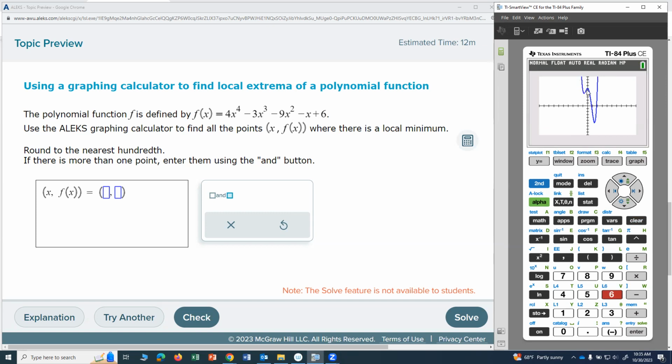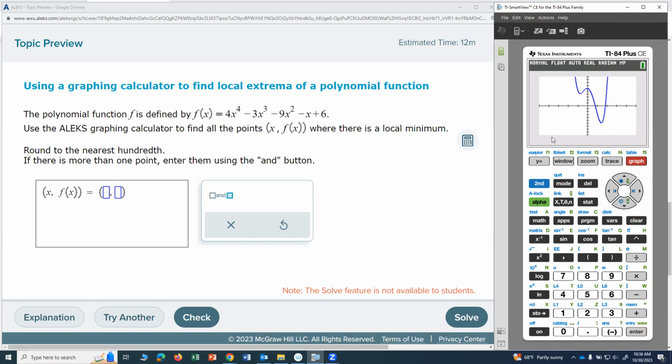This window actually is pretty good for me because I can see both the minima of my graph. There's 2 local minima. And so I'm going to have to do the process twice to find them. If you want to see what your window is, you can click on window and you can adjust if you want to. Like I might adjust to -5 to 5 and see if that gives me a little easier time.